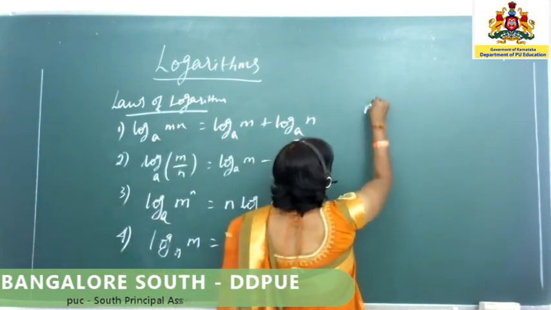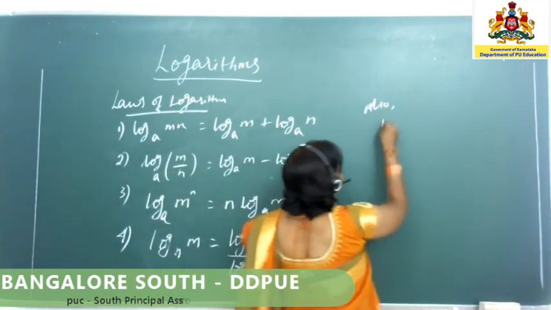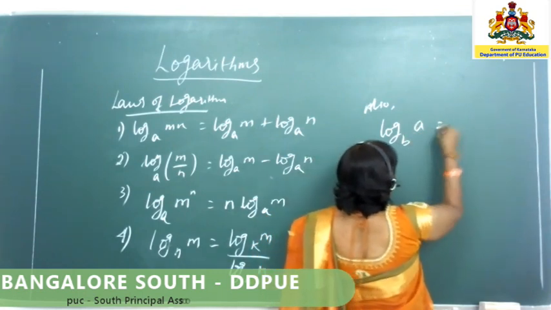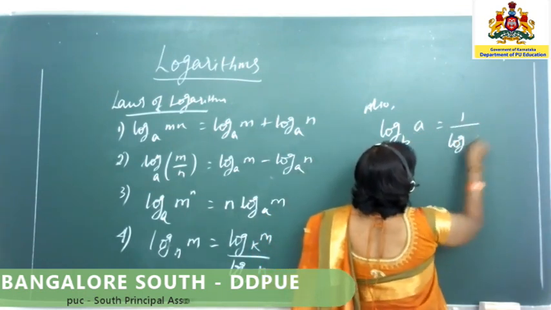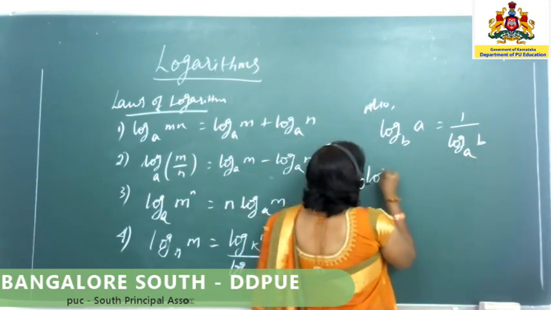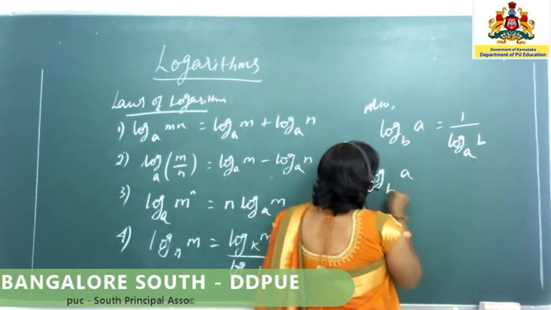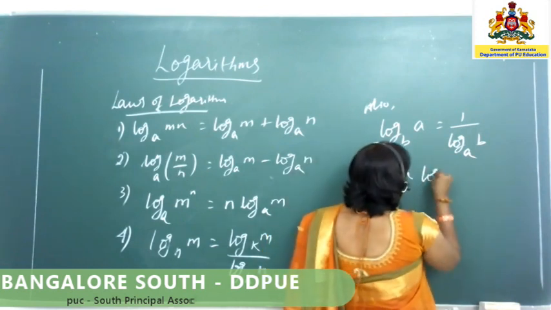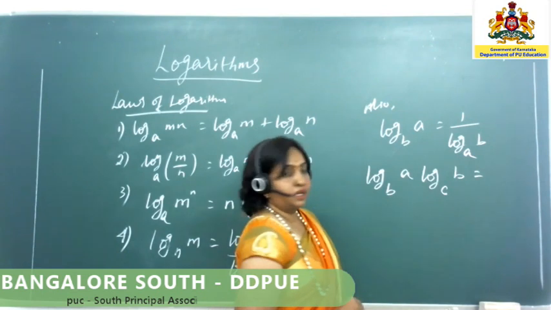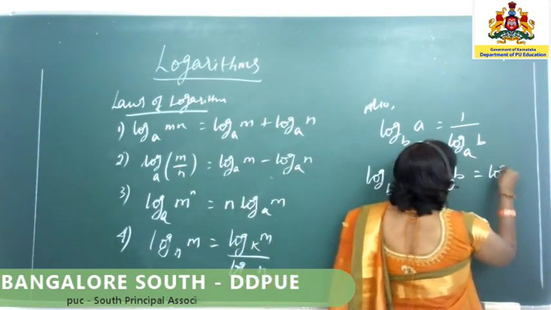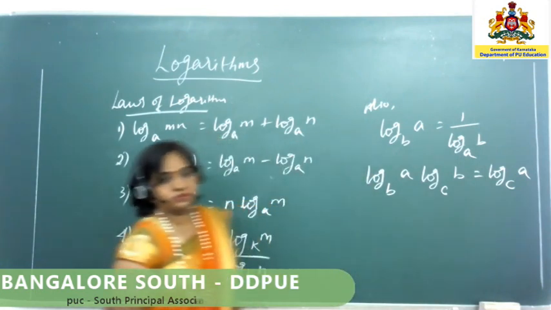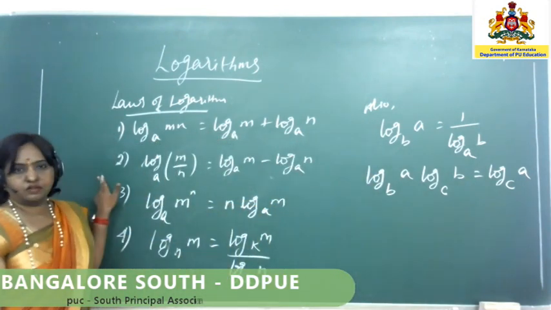And also, log a to base b can be written as 1 by log b to base a. Log a to base b into log b to base c can be written as log a to base c. Just make a note of all these formulae.